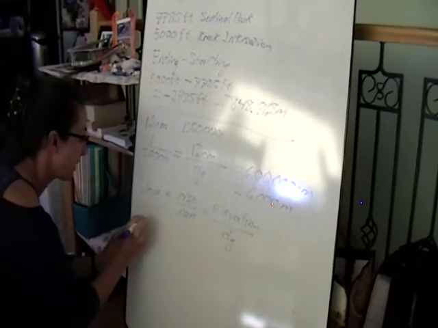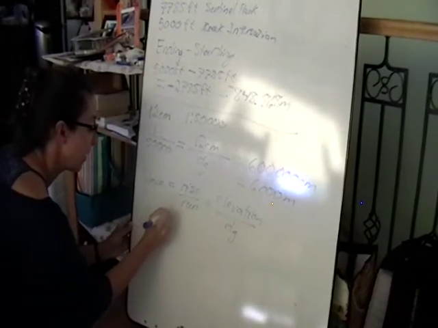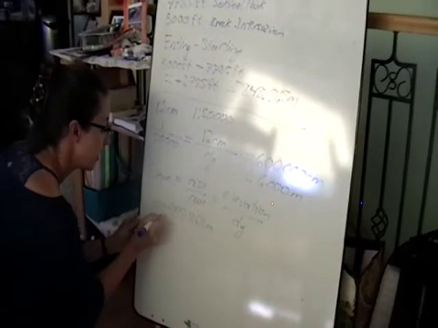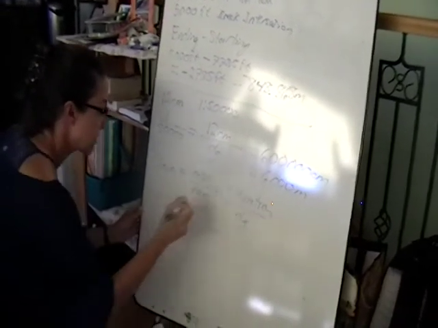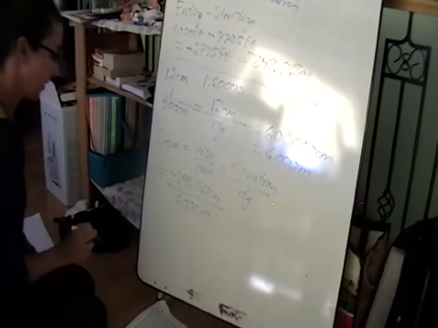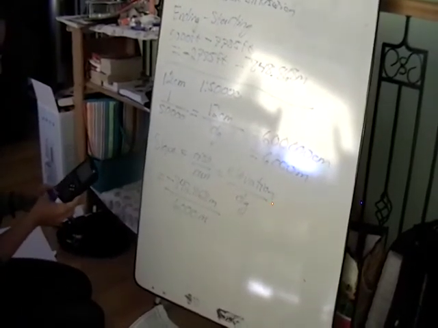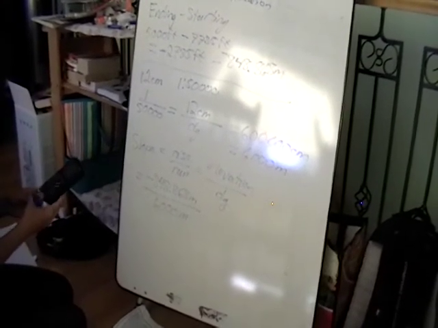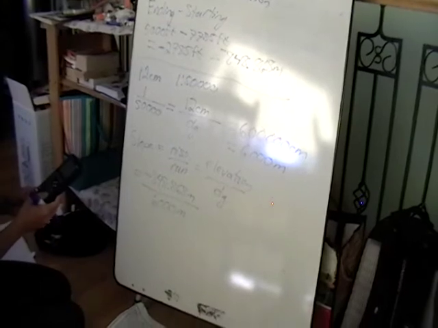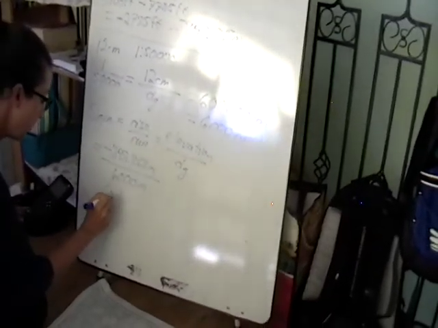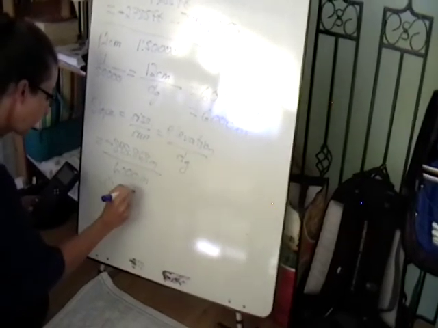So now I can do negative 848.868 meters divided by 6,000, and I get a value of 0.1415.